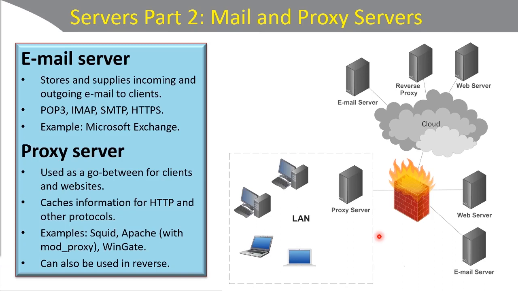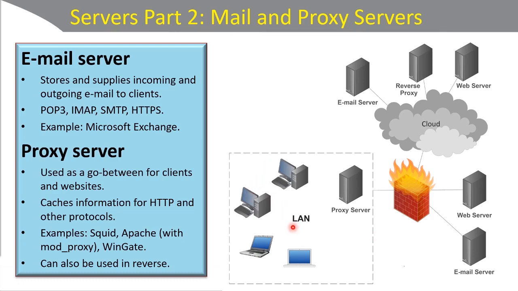Most commonly, it's used with HTTP and HTTPS, but it can be used by other protocols as well, such as FTP and also SMTP with email servers. Examples of this include Squid, also Apache Web Server with the appropriate proxy add-on, Wingate, and the proxy role in Windows Server. So you could use a Windows Server for that as well.